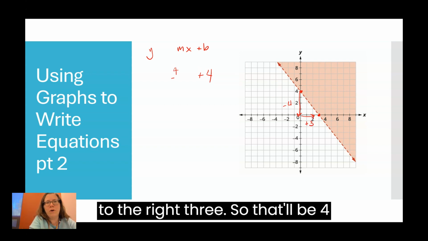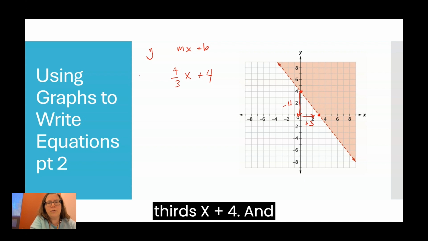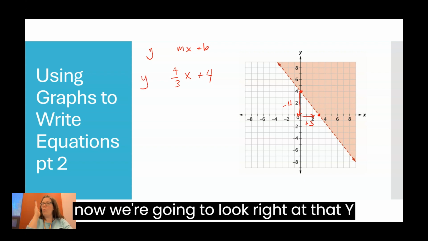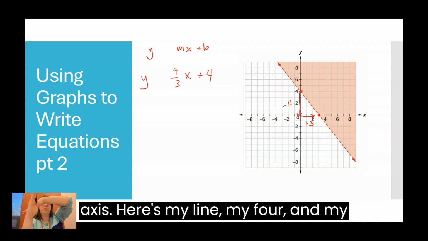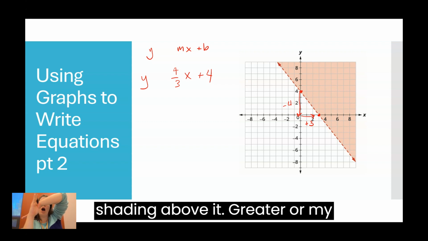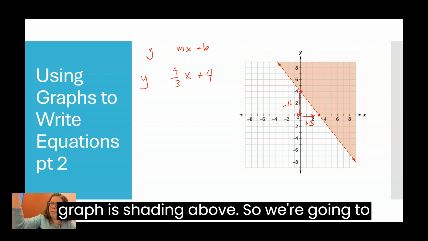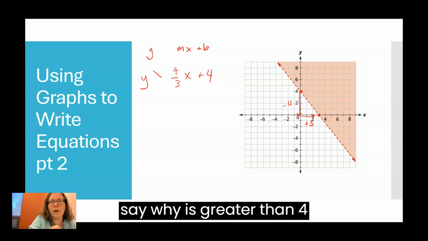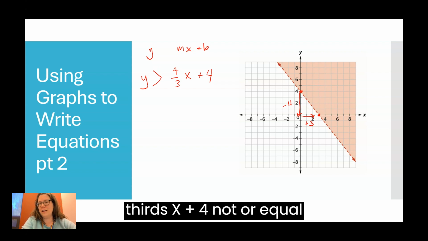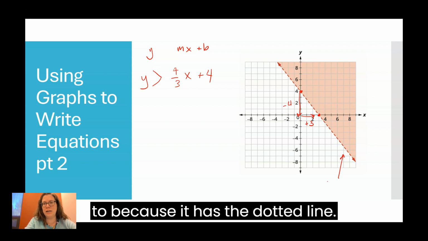So that'll be 4/3 x plus 4. And now we're going to look right at that y-axis. Here's my line, my 4. Am I shading above it, greater, or am I shading below it, less than? In this graph, it's shading above. So we're going to say y is greater than 4/3 x plus 4. Not or equal to because it has the dotted line.